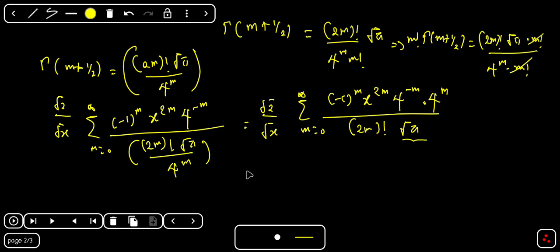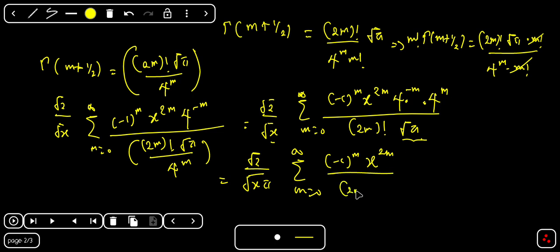So if I bring it out, I'm going to have square root of 2 over square root of x, then square root of pi will give me square root of x pi, then multiply by the sum of m from 0 to infinity of minus 1 raised to the power of m, x raised to the power of 2m. Because 4 raised to the power of minus m multiplied by 4 raised to the power of m will give us 4 raised to the power of 0, which is 1. Then everything here over 2m factorial.